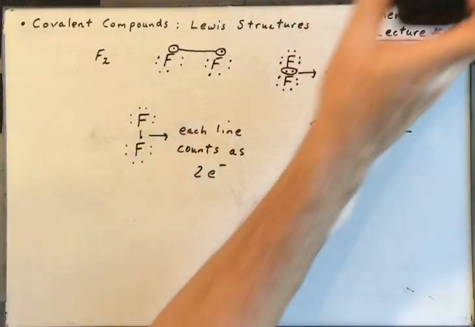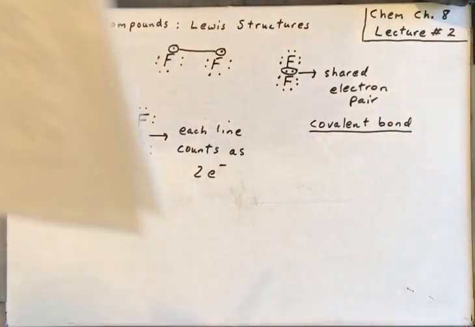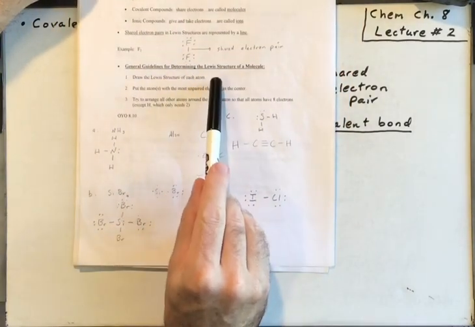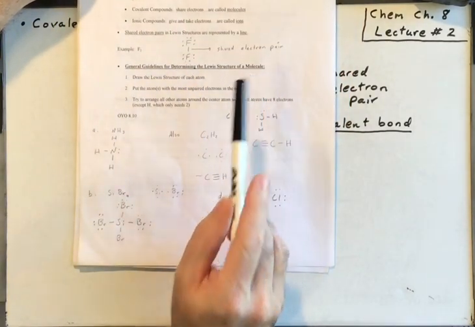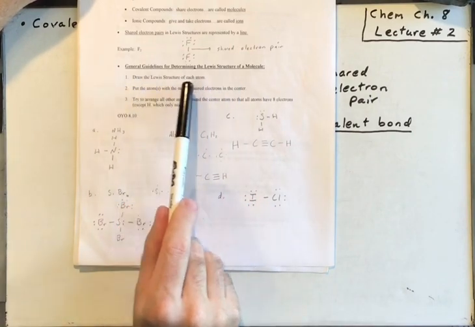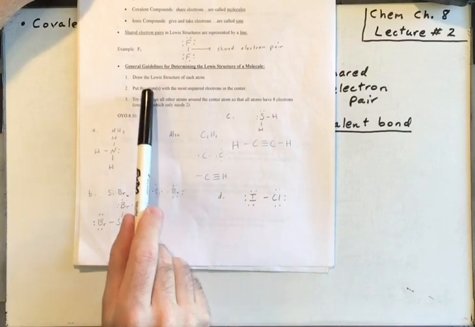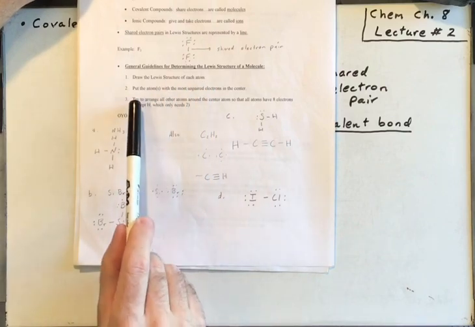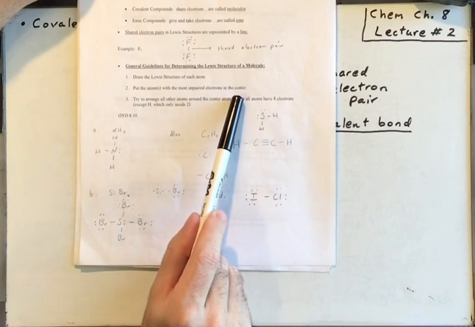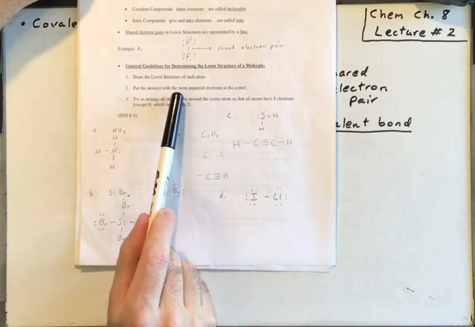Moving on down your notes, before I erase that, general guidelines for determining the Lewis structures of a molecule. You want to draw the Lewis structure of each atom. You'll get to the point where you don't have to do that, but in my first example, we're going to do that. Put the atoms with the most unpaired electrons in the center, the atoms that have the most single dots.